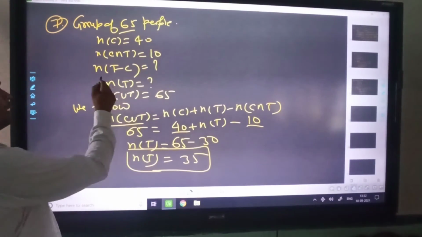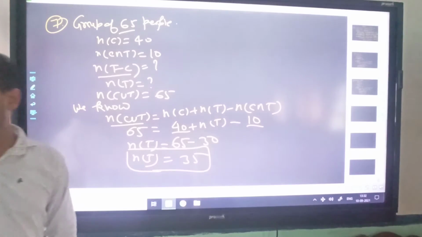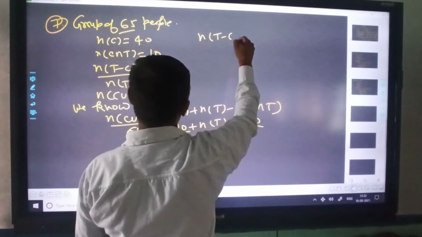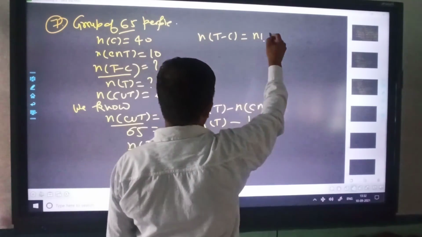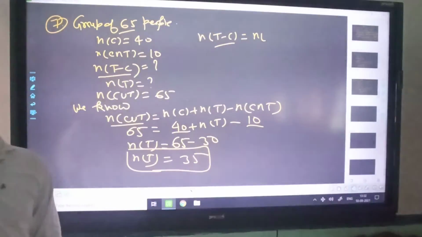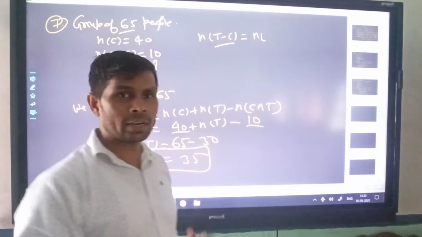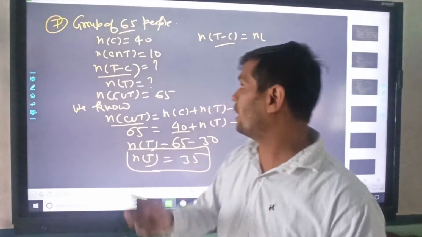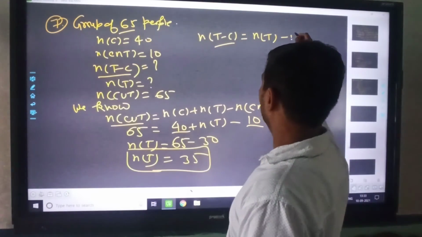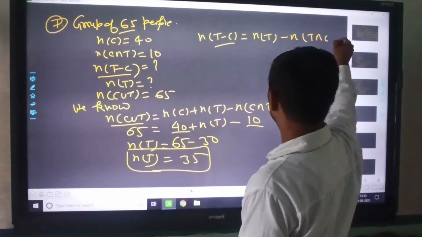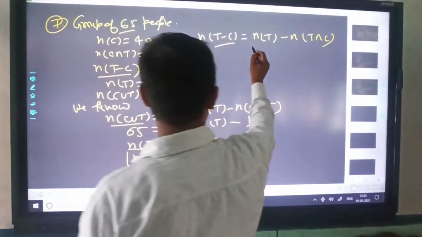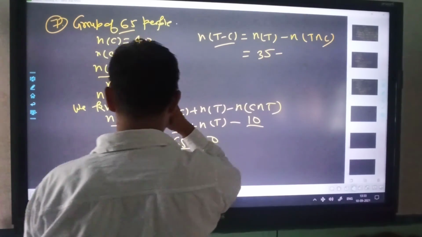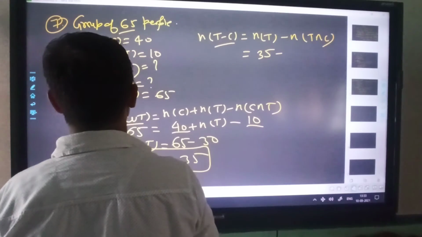Then you have to find out n(T only), the number of players who like only tennis, not cricket. What is the formula? We are giving the priority to T. As yesterday I told you, you give the priority to either A or B. So we give priority to T: n(T) minus n(T intersection C). n(T) is 35 and the intersection is 10.